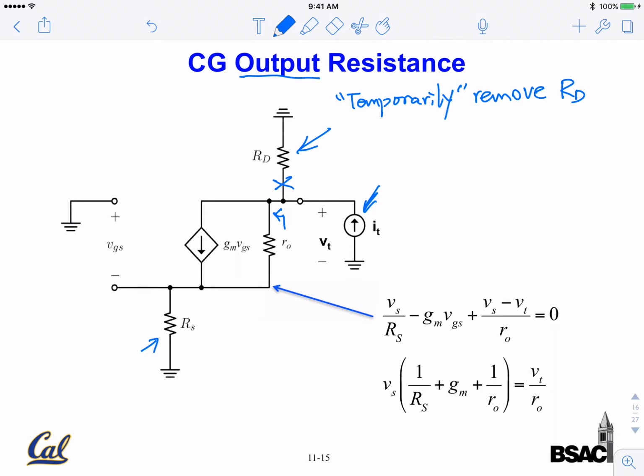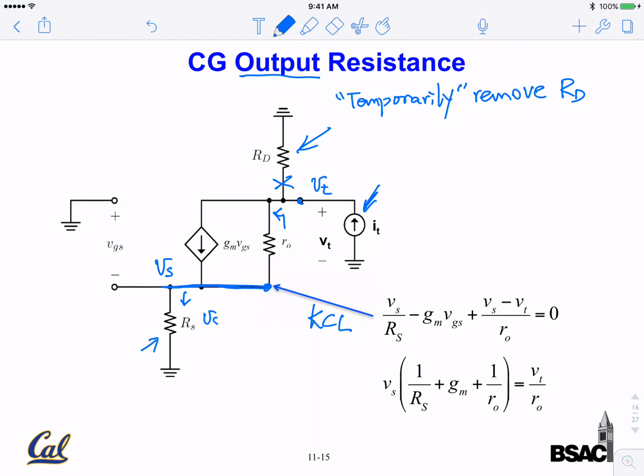So we have IT and we have VT here. This node is VT, and we can do a KCL here. KCL at this node, basically this line, they are all the same node. The current going out through the resistor is Vs divided by Rs. So that's the current going this way. And the current going in is GM VGS.